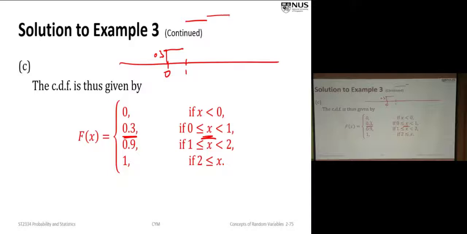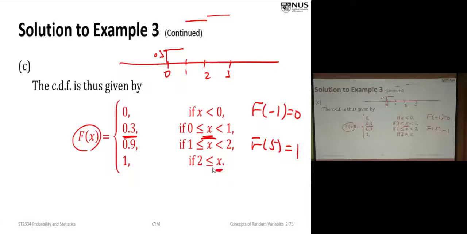So it's a step function. 1, 2, 3. All right? So for x greater than or equal to 2, the CDF is equal to 1. So in other words, for any x value, you can work out what the CDF is. F(-1) is equal to 0. F(5) is equal to 1, because I substitute 5, so F(5) is equal to 1.